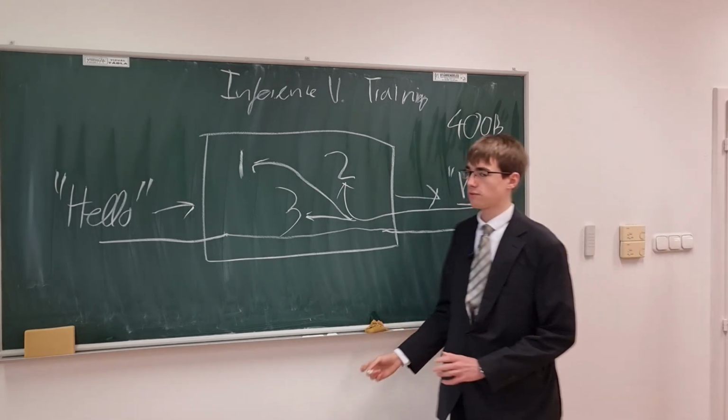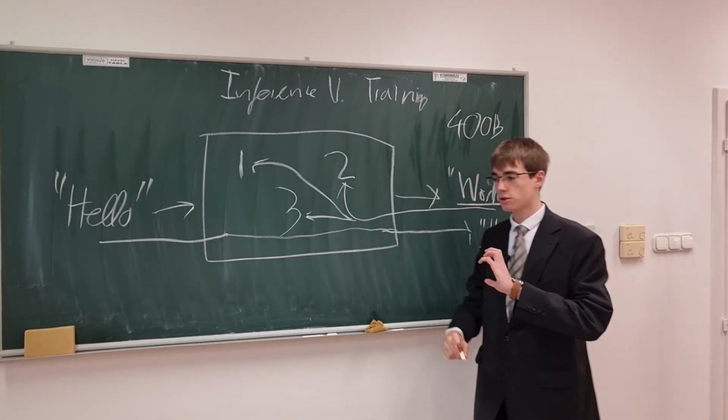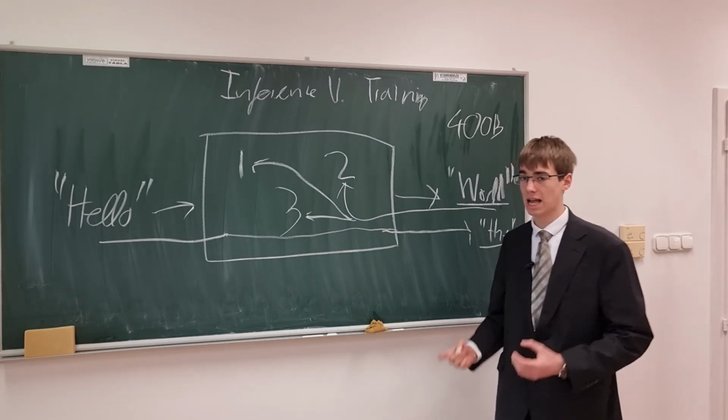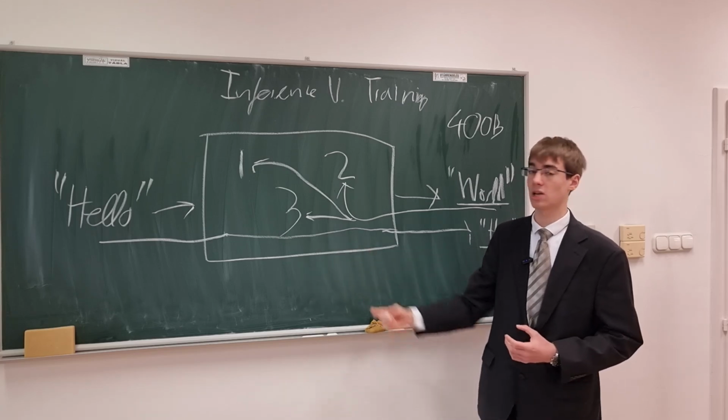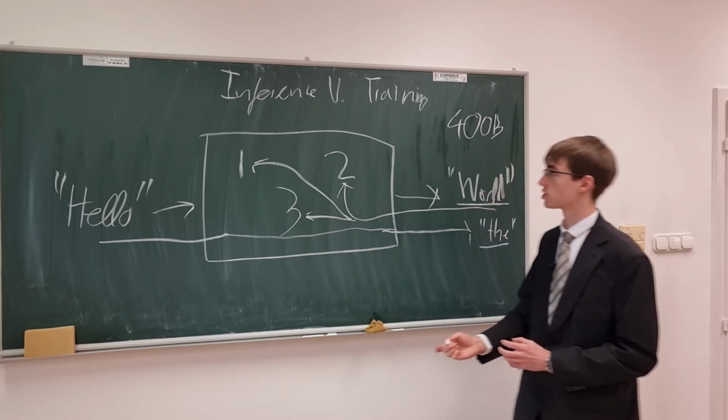And then we have to do this for not just one case, but for a large variety of cases that can occur in natural language, so that this large language model accurately represents the human language.